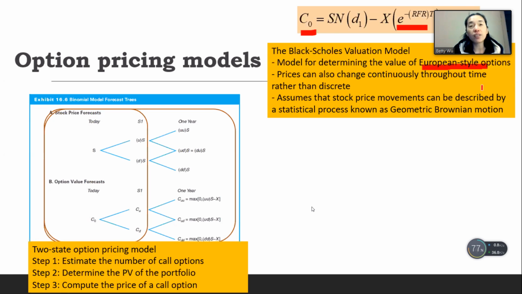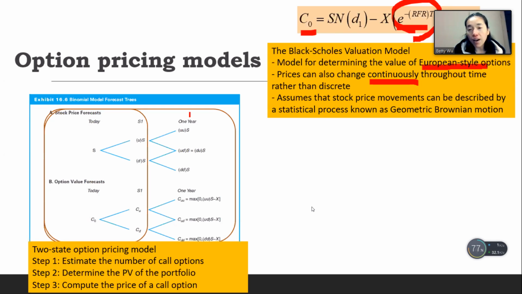You couldn't exercise early, okay? For American style options that allow for early exercise, you shouldn't use Black-Scholes, or you shouldn't use this model. This model assumes that prices can change continuously, so time is continuous. And it assumes that price movements can be described by a statistical process known as a geometric Brownian motion. You don't need to know what's behind this.